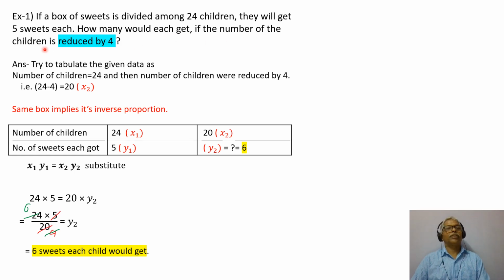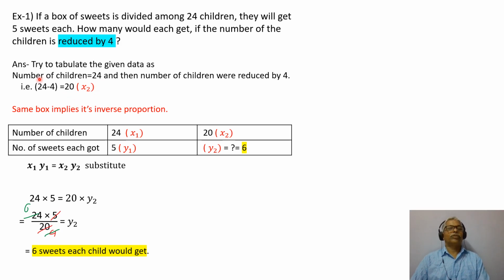That means we must have a number of children in the second part. So it is given here. Number of children 24, and then the number of children was reduced by 4. There is a meaning in this, reduced by 4. So 24 minus 4 equal to 20.